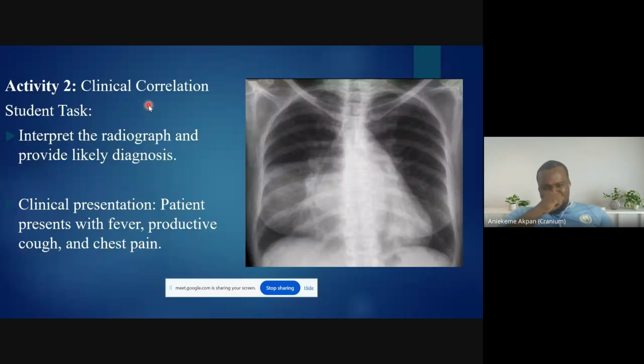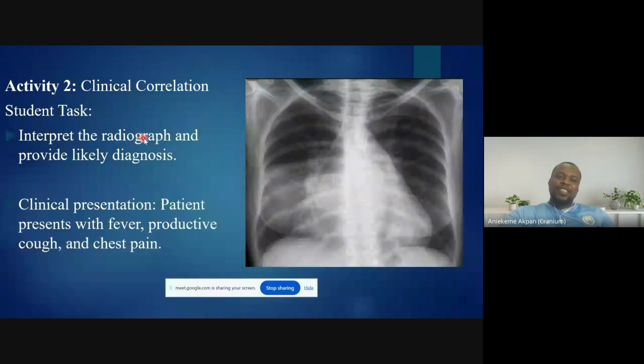Is this patient hypertensive? Is this patient coughing? Is the patient coughing out blood? Is the patient symptomatic? They just need you to tell them something, because with the little thing you tell them, they are able to make an accurate diagnosis. So the clinical correlation here is, of course, a student task, not my task.